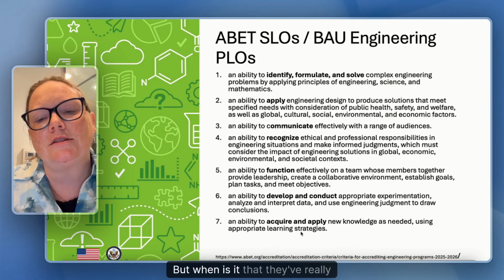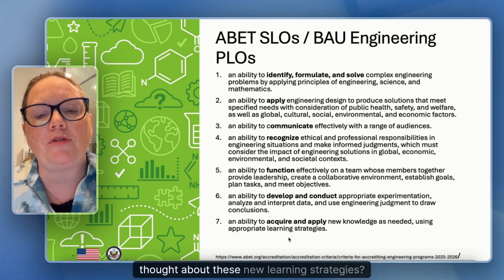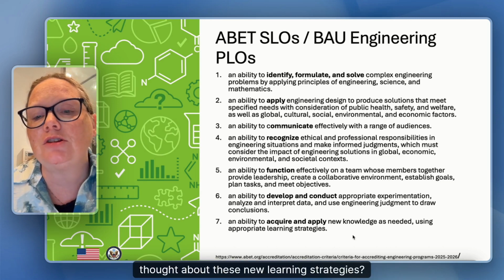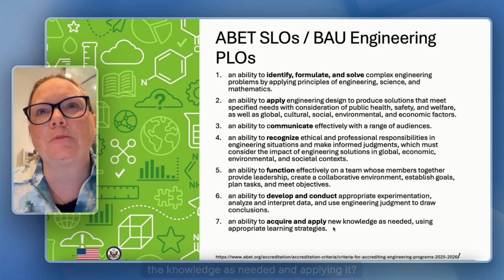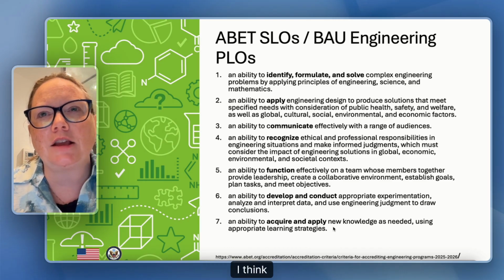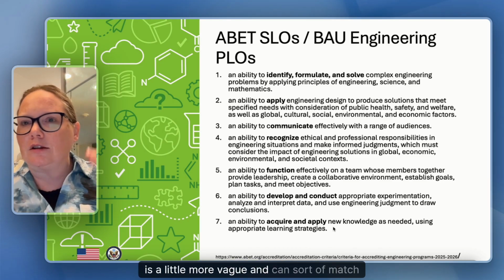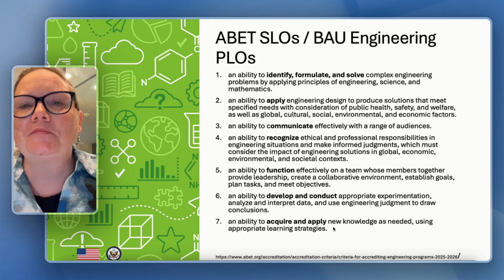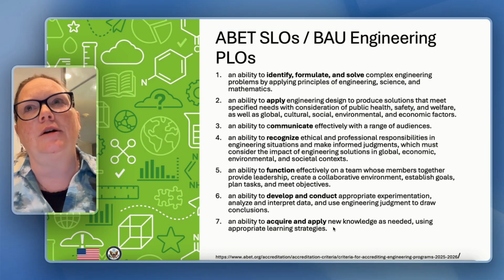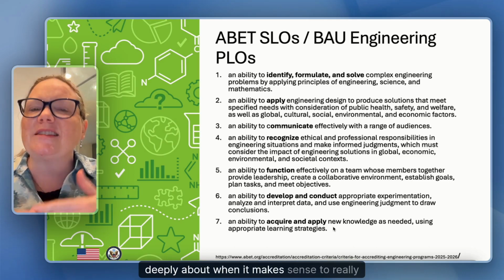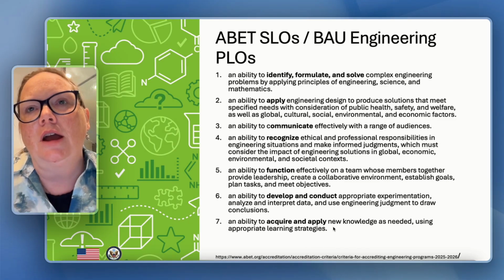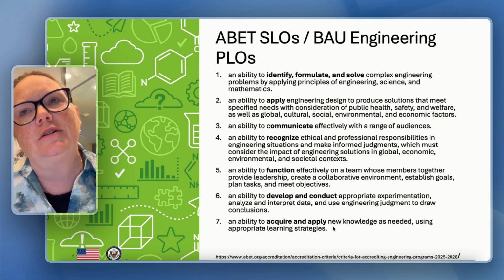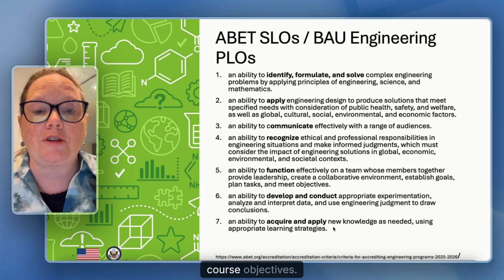But when is it that they've really thought about these new learning strategies? When and how are they acquiring the knowledge as needed and applying it? So that one I think is a little more vague and can sort of match everywhere, but we can think deeply about when it makes sense to really identify that PILO as the one that we're meeting with particular course objectives.